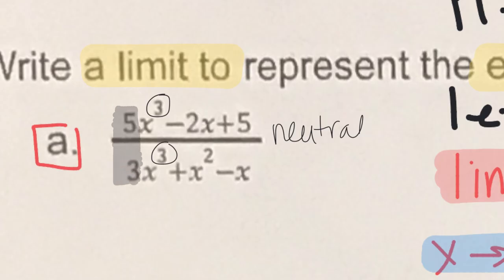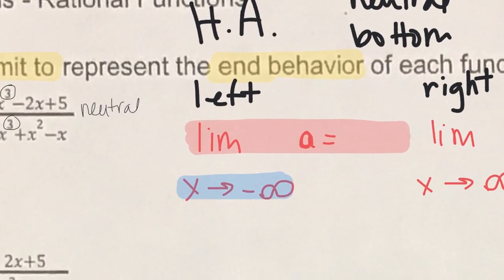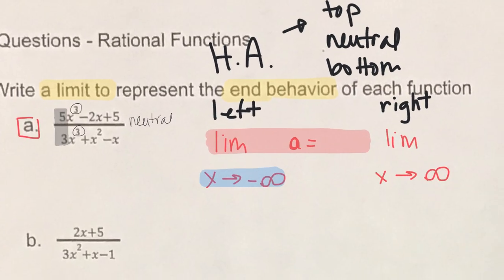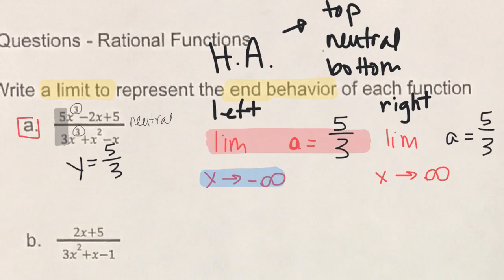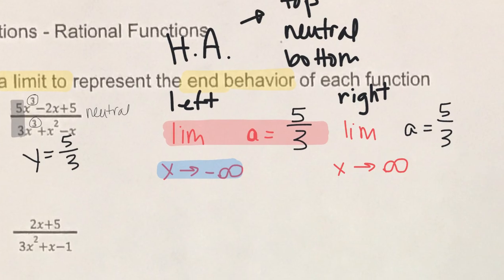Can we simplify, reduce, or divide 5 over 3? No, we cannot. So that becomes the answer to your limit problem: 5/3. That is the equation of your horizontal asymptote. So the limit of problem A is 5/3. Both the left and the right have the same limit.